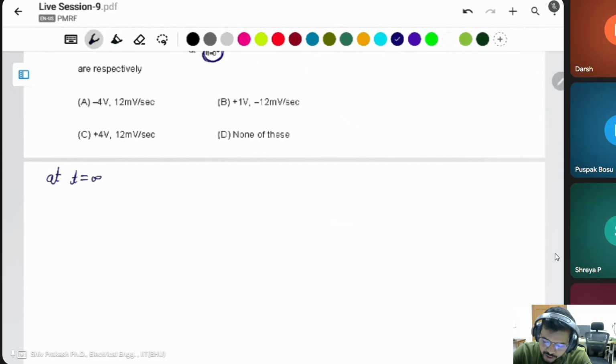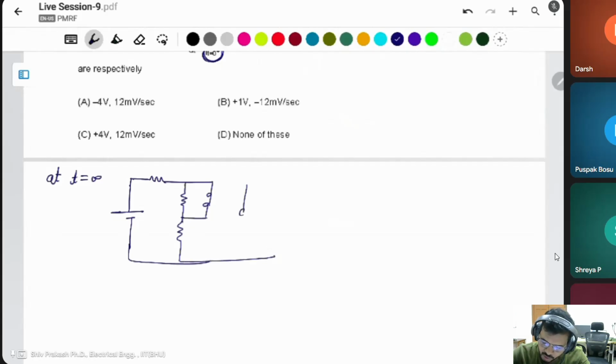Suppose if you want to draw at t is equal to infinity, then what happens? Again, this inductor is a short circuit and this capacitor is an open circuit.